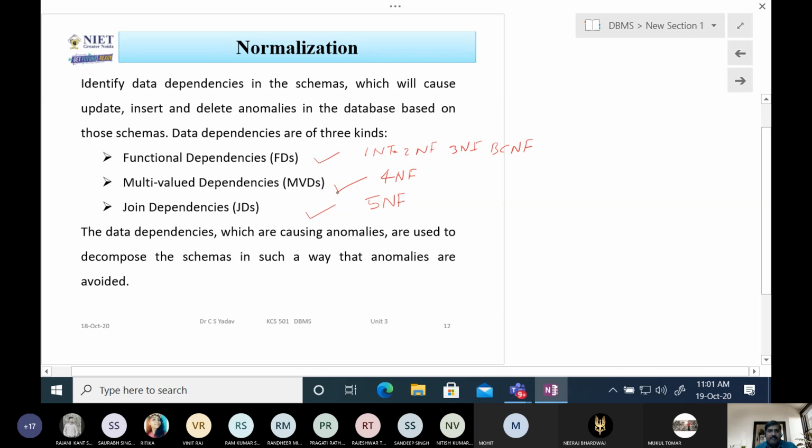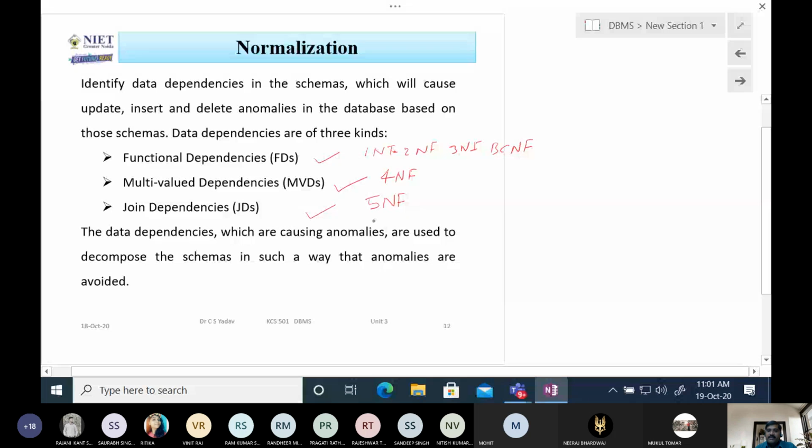So the main aim in normalization is to identify data dependencies in the schema which will cause update, insert and delete anomalies in the database based on those schemas. And these data dependencies are of three kinds: functional dependencies, multi-value dependencies and join dependencies. The data dependencies which are causing anomalies are used to decompose the schemas in such a way that anomalies are avoided.